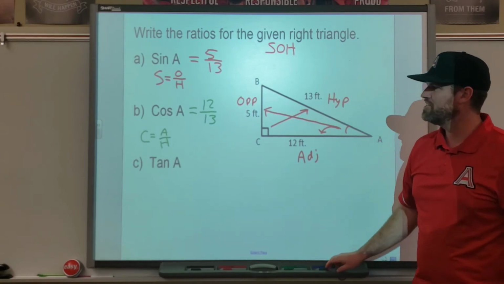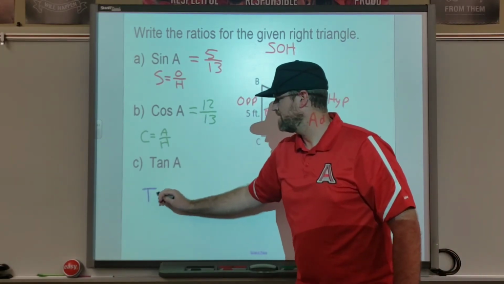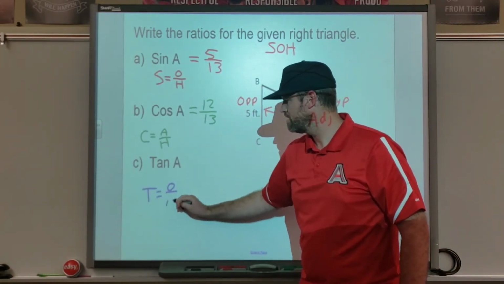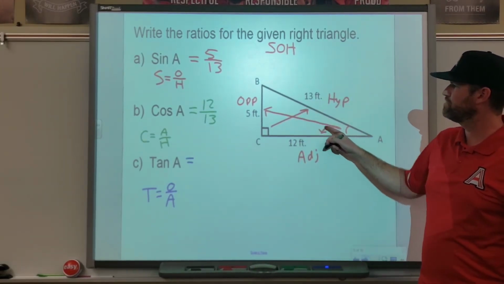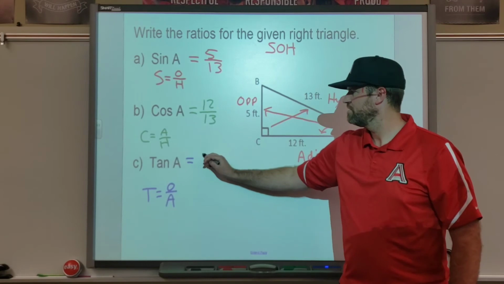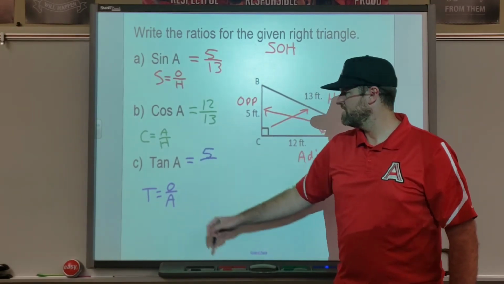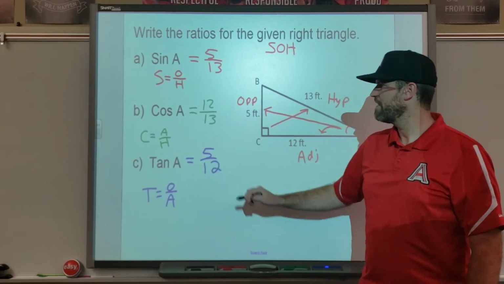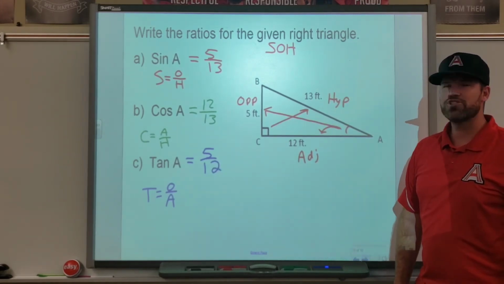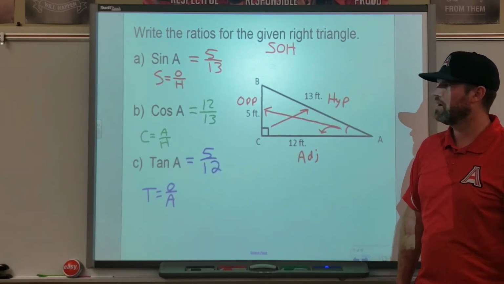And then tangent, I know that's going to be TOA. So I go find my opposite side, which was 5, divided by the adjacent side, which is 12. And I now have a ratio for the tangent that'll be 5 over 12.